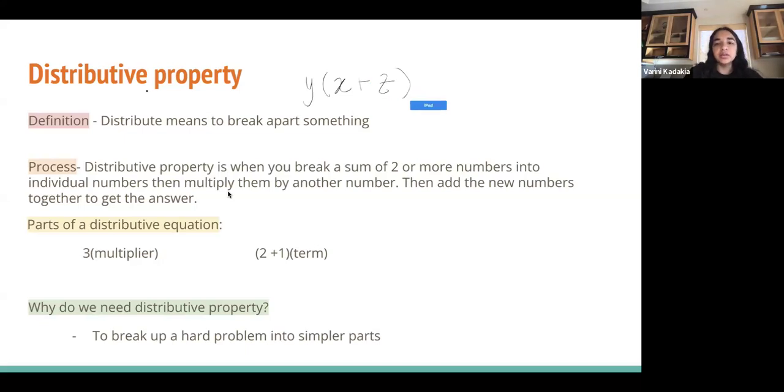Where y and z are numbers. In the distributive property, we're actually going to put this back in. We're going to multiply the outside term times the first term and times the inside terms. So it's kind of a quick explanation.